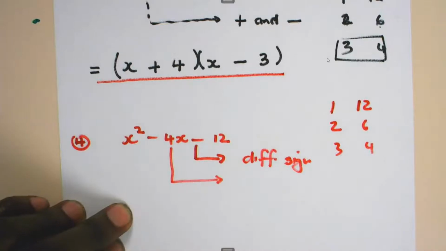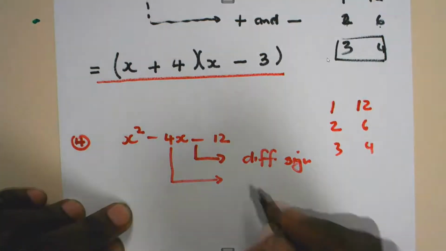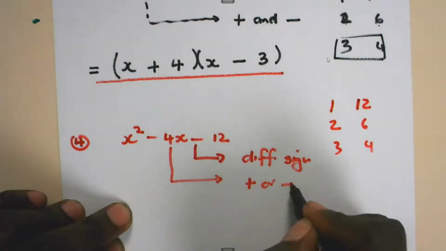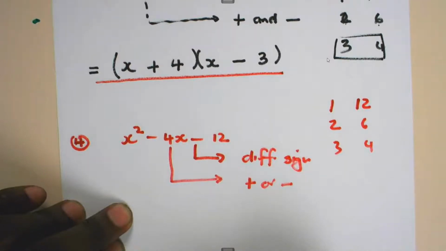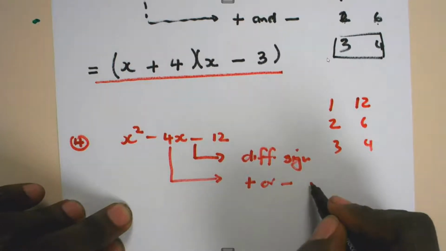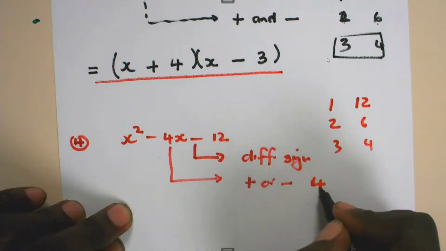What does the 4 mean? The 4 means when you add or subtract, it must give you 4.